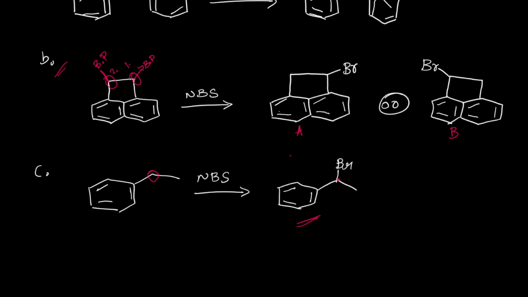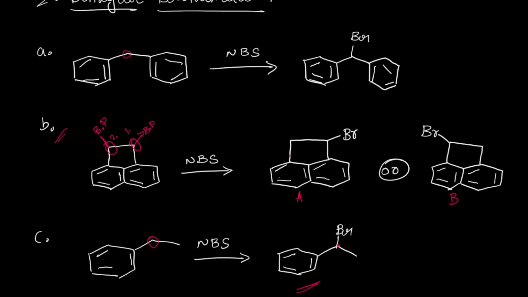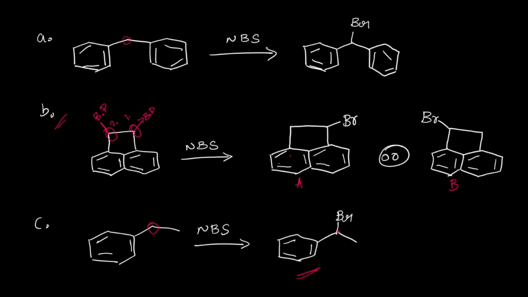Similarly, you can observe that at the benzylic position it also abstracts a hydrogen and adds the bromine radical. So these reactions are very controlled and efficient. By using NBS, we can make a very effective bromination at these two positions.